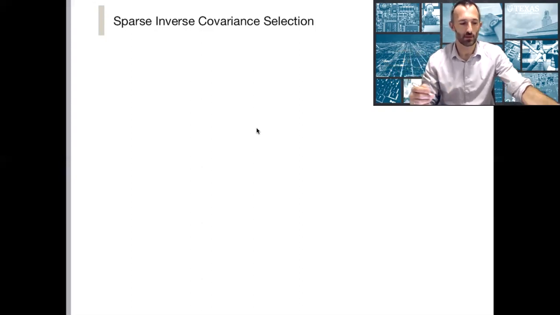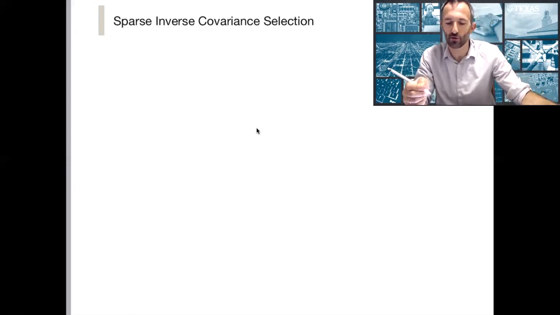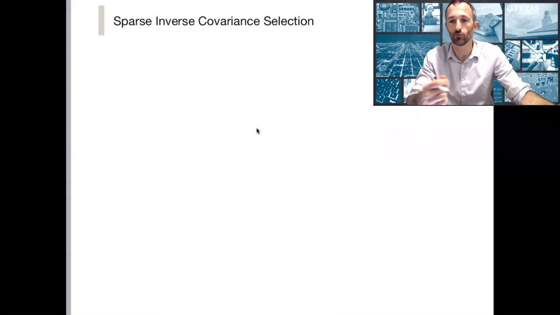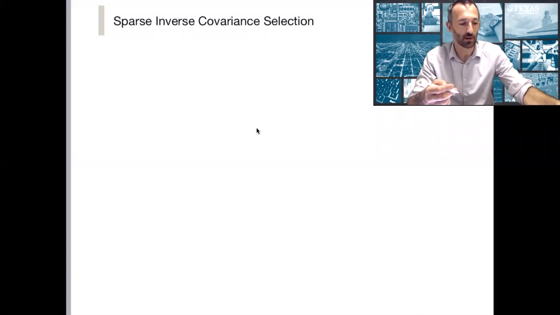So this is a problem of sparse inverse covariance selection. The idea is that you're getting samples from a Gaussian graphical model. If you've looked at Gaussian graphical models, you know that the graphical model is given by the sparsity pattern of the inverse covariance matrix. But if you just look at the sample covariance and you take its inverse, it's going to be dense just because of statistical noise, and therefore we want to extract a sparse matrix there.